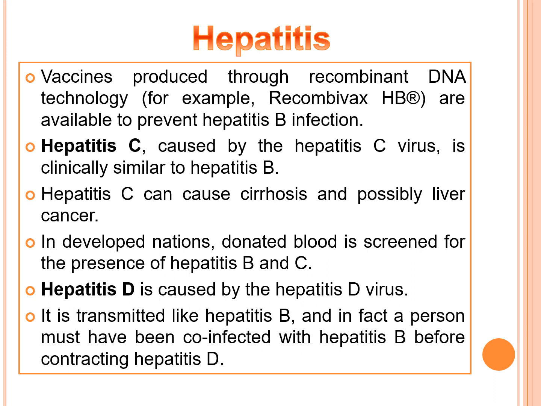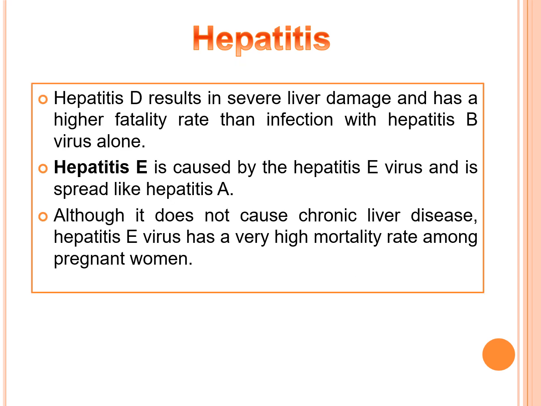Next is hepatitis D. It is caused by hepatitis D virus. It is transmitted like hepatitis B, and in fact a person must be co-infected with hepatitis B before contracting hepatitis D. Hepatitis D results in severe liver damage and has a higher fatality rate than infection with hepatitis B virus alone.